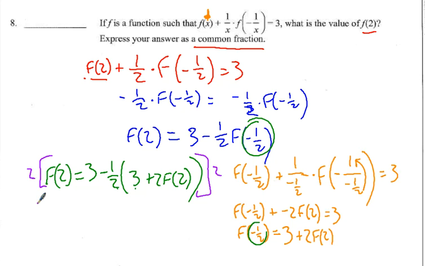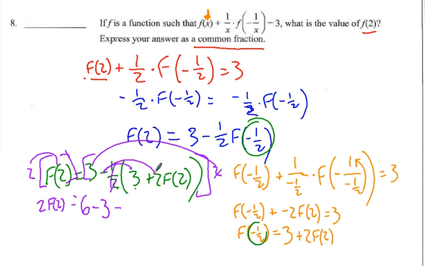So then I get 2f of 2, and then over on this side, I get 2 times 3, which is 6, minus 3 minus 2f of 2.